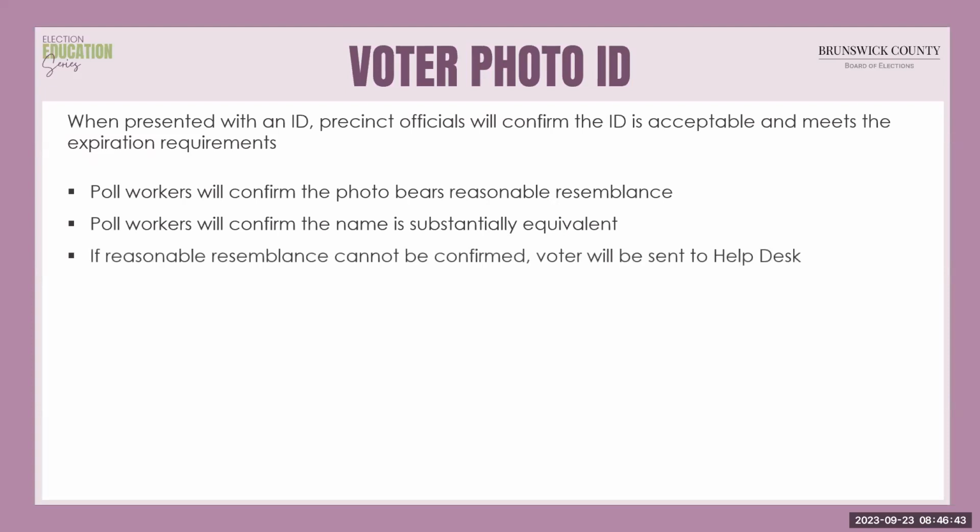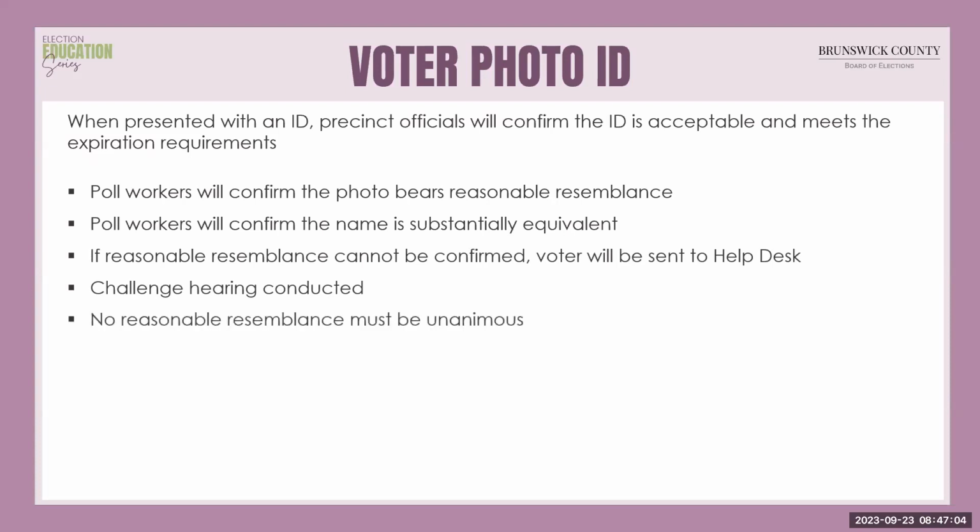Now, if reasonable resemblance cannot be established by the check-in official, the voter will be sent to the help desk, at which point the chief judge and two judges for that polling location will meet and conduct a challenge hearing. As a reminder, the chief judge and two judges comprise a bipartisan team.